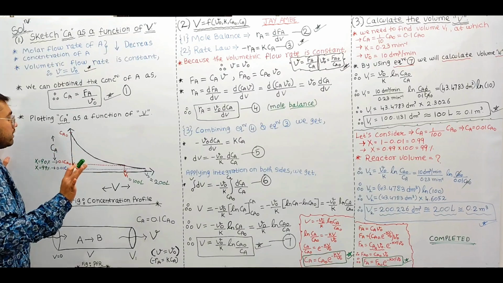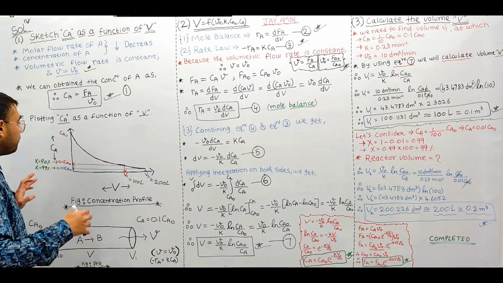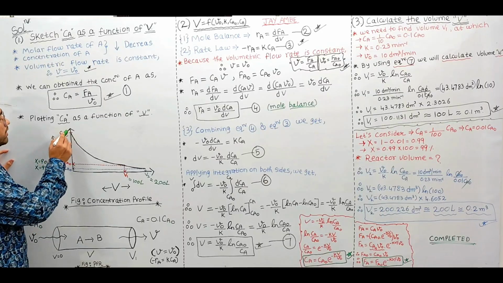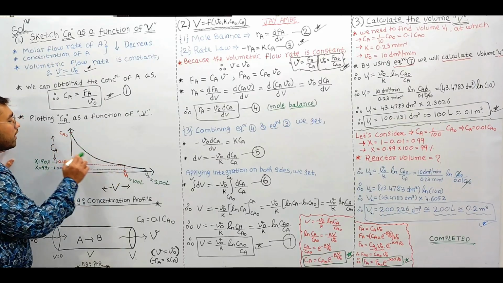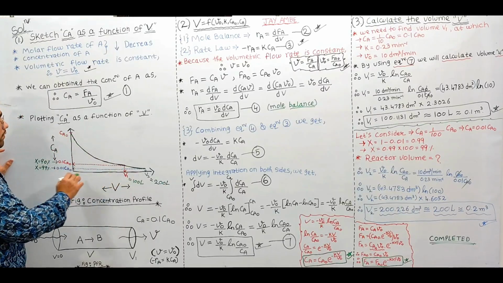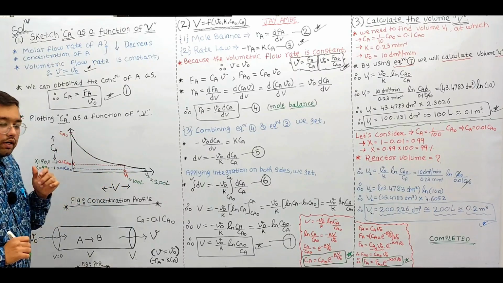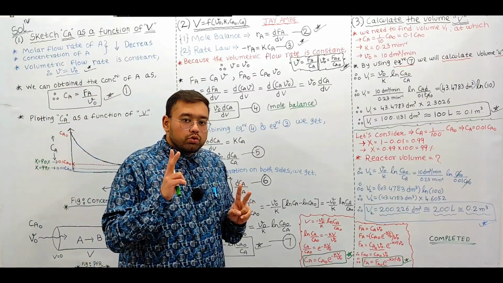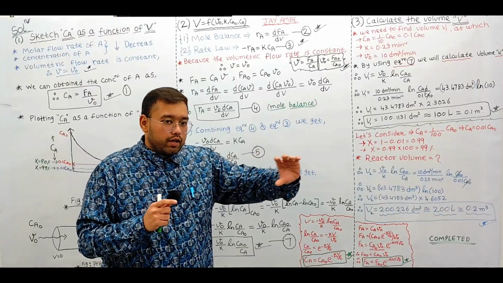This is some extra part which I'm explaining in a very simplified manner. If you want to understand the nature of the plot, how we draw this decay in concentration with respect to the volume of the plug flow reactor, we can understand two terms with respect to the volume of the reactor.